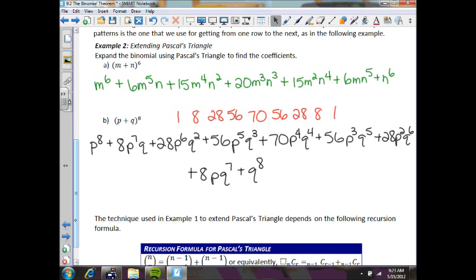So there's your expansion. Again, not super difficult, but you have to know how to do this to make it a little easier for yourself in future classes.